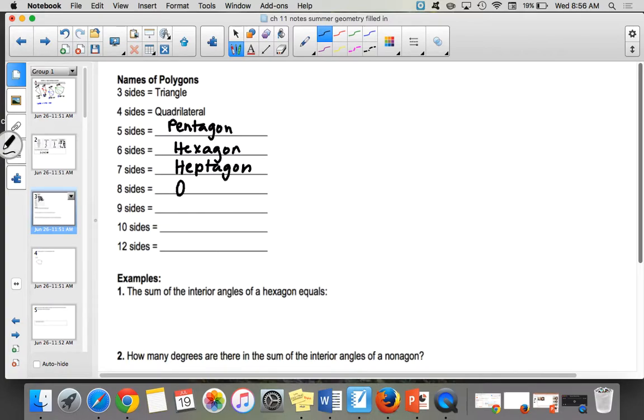And 8 is octagon. Nonagon, that's my favorite. Isn't that a fun one to say? Nonagon. 10. Decagon. That's right, dodecagon. Because it's a decagon plus 2, do.